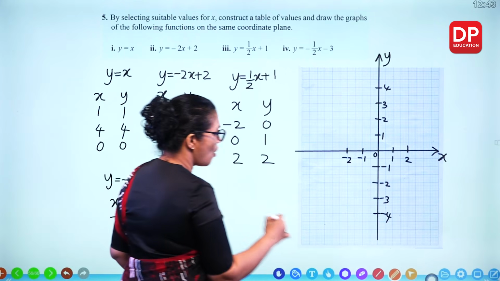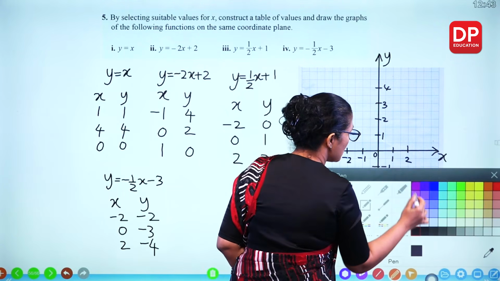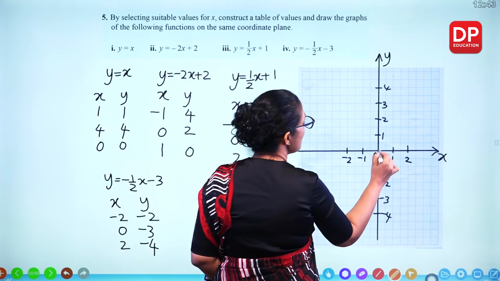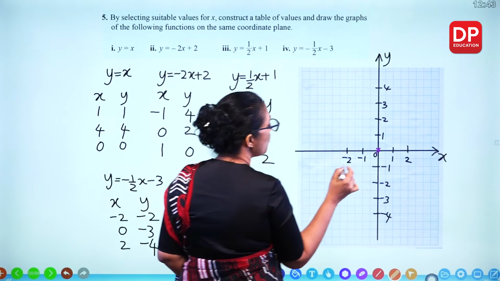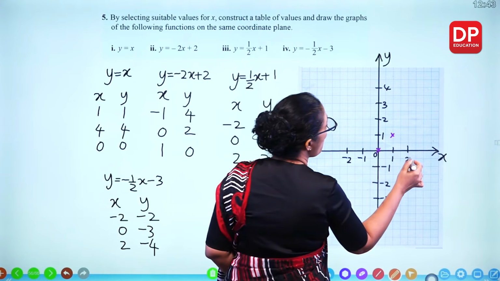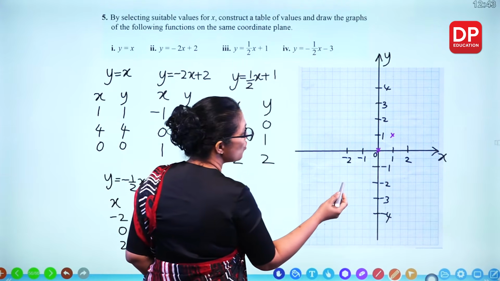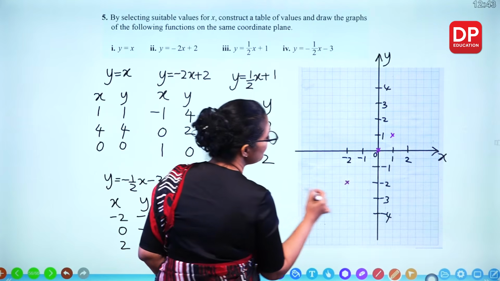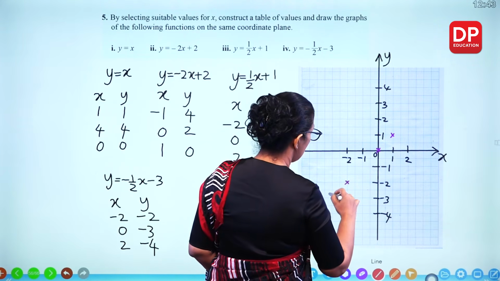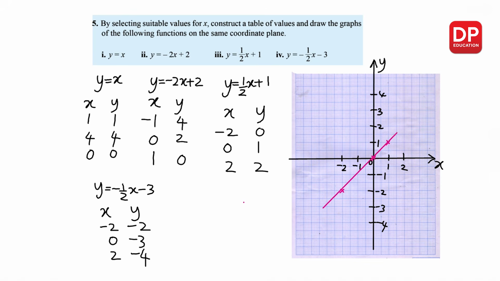First graph, y equals x. Same x values, 0, 0, 1, 1, 4, 4, or you can take minus 2 with minus 2. Now connect it. That's y equals x line.